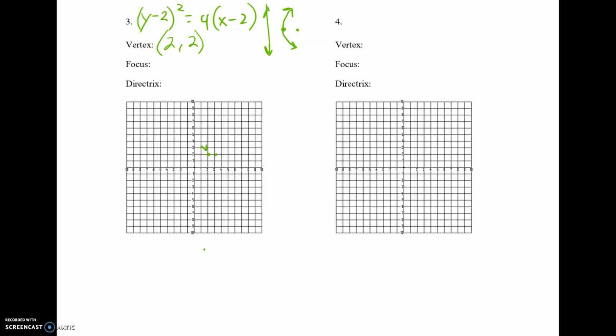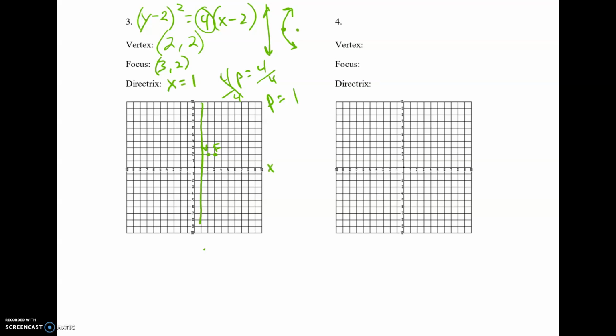Here's how I know I'm going 1 unit: because 4p equals 4, I know that p equals 1. Okay, so I go 1 unit to the right to find the focus, and I go 1 unit to the left to find the line that we call the directrix. So the focus is 3, 2, and the directrix is x equals 1. It's that vertical line going through the x-axis at x equals 1.